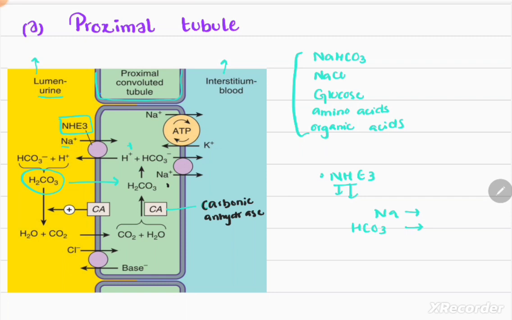So the net effect is that bicarbonate is being reabsorbed from the lumen, from the urine, and the sodium is also reabsorbed. Likewise, the chloride is also going inside the cell, and there is reabsorption of glucose, amino acids and all other organic acids. Everything is not displayed in this image because we are only concerned with the diuretics here, and the drugs responsible for the enzyme inhibition will be discussed here.